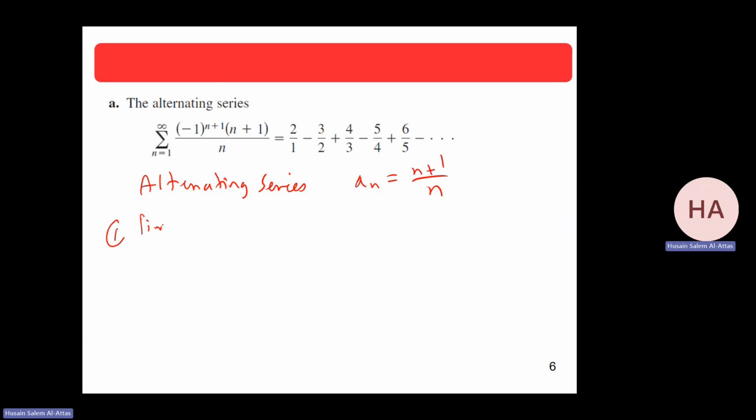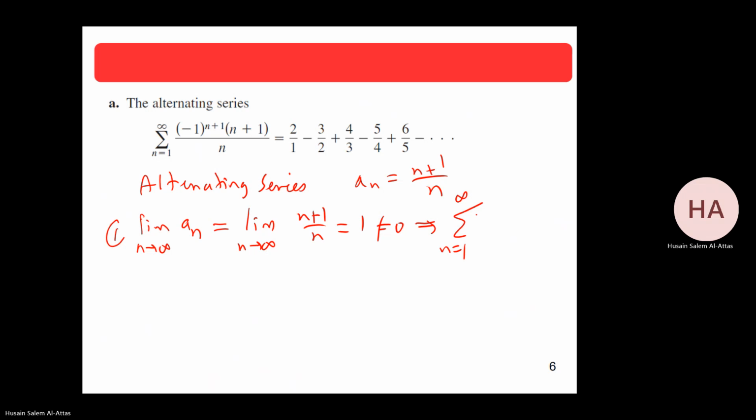First condition: what is the limit of a_n as n goes to infinity? This is n plus 1 over n, which goes to 1, not equal to 0. Right away, this series diverges, not by the alternating series test but by the nth term test for divergence.